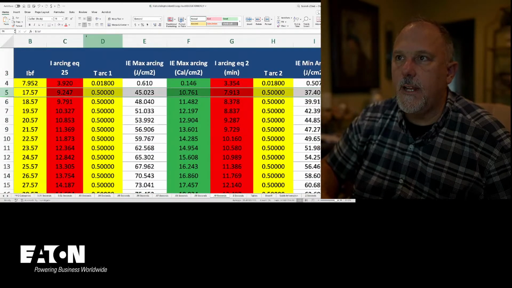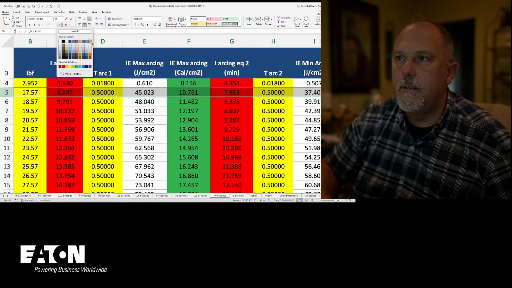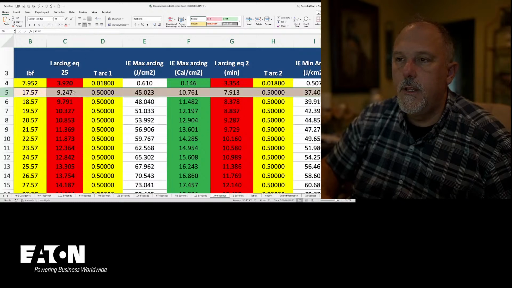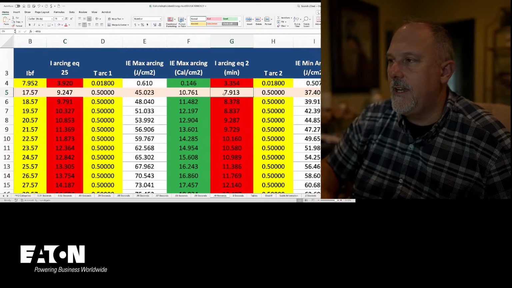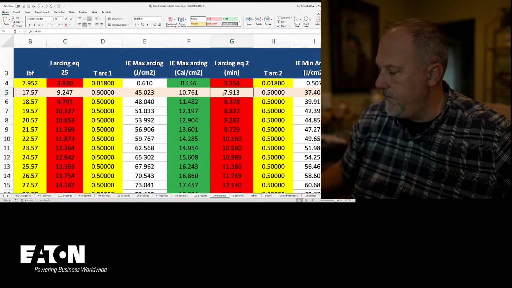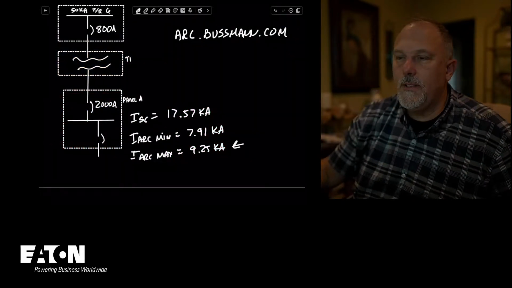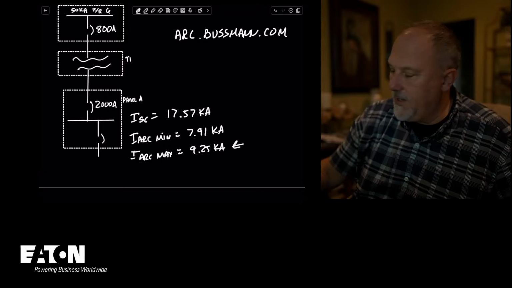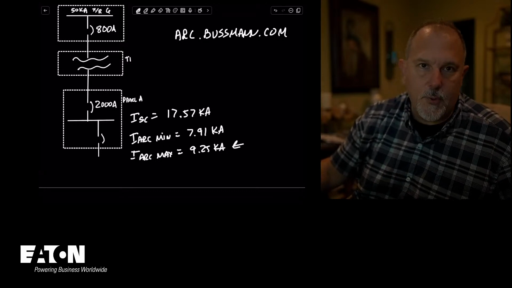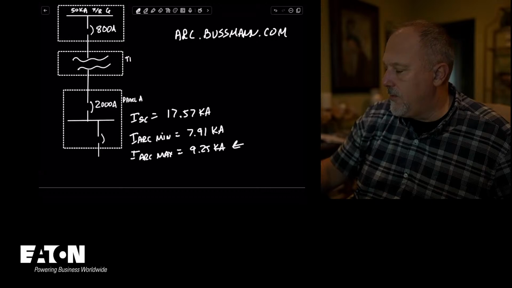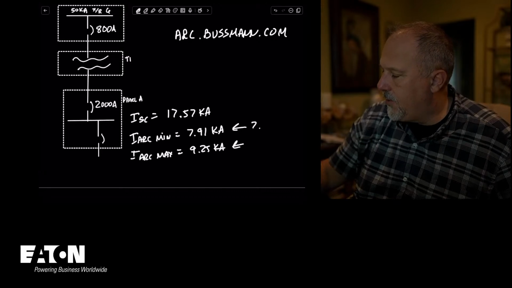I'm looking at this line item right here. 9.247 and 7913. And if you recall, 9.247 rolls up to 9.25, and the other was 7.913.